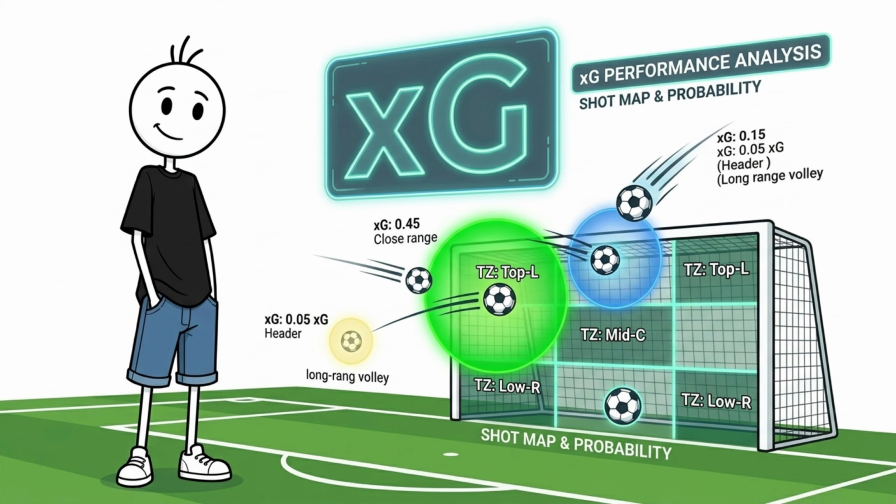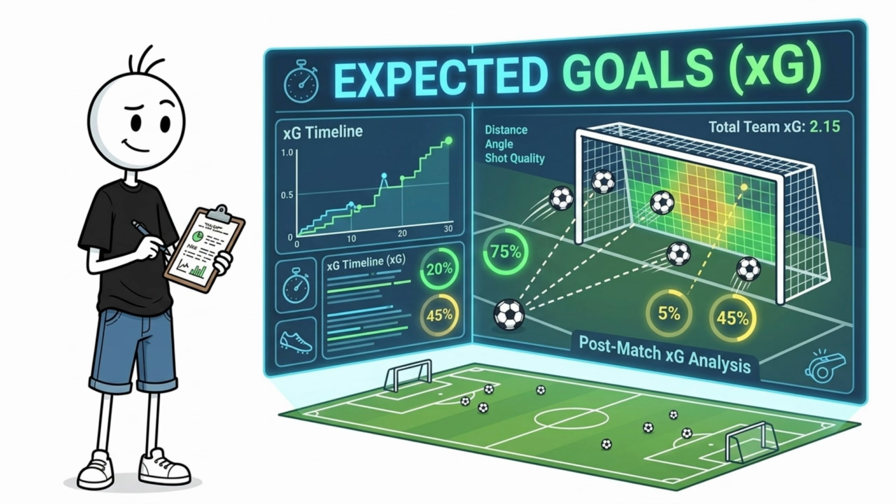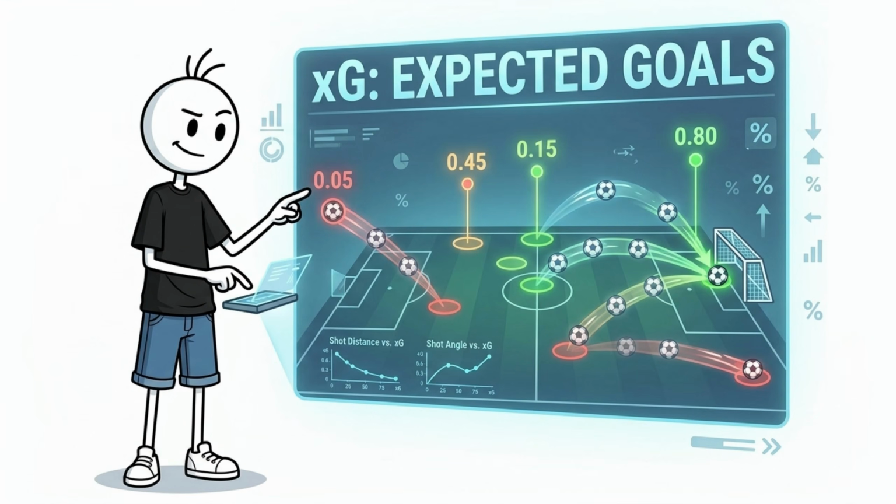Now, we take the strategy one level higher. Meet one of the most useful statistics in modern football: expected goals, or simply, XG. Imagine Team A creates chances worth approximately 1.75 XG. Team B creates 1.35 XG.